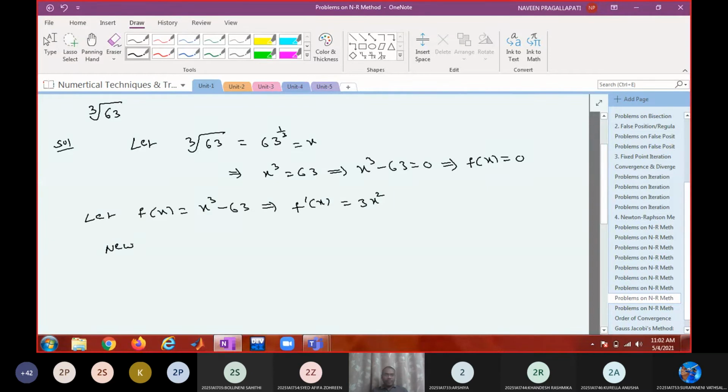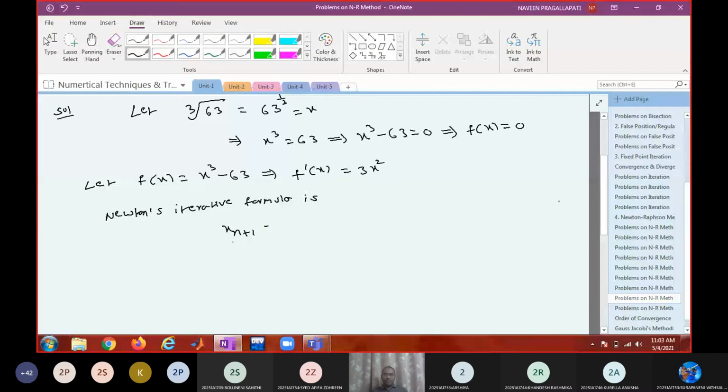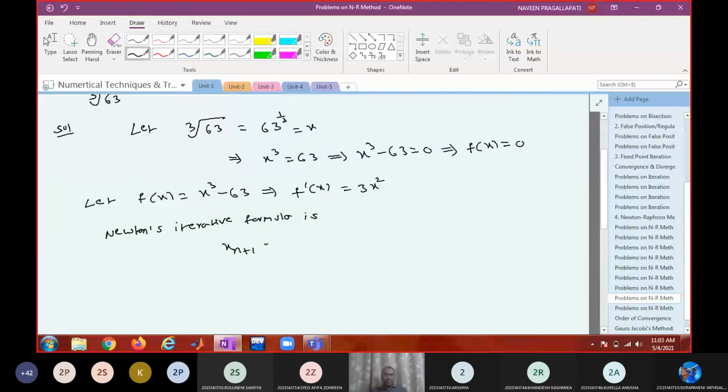Newton's iterative formula is written down. Newton's iterative formula and the Newton-Raphson iterative formula are both the same. x(n+1) is equal to xn minus f of xn by f dash of xn, where n equals 0, 1, 2, 3 and so on.